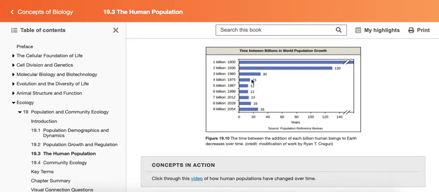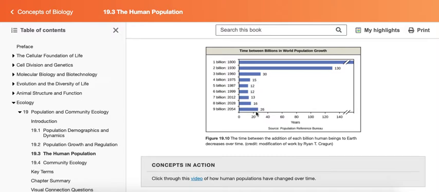Then 15 years to gain the next billion, and then 12. But then we started to slow our curve a little bit, where it started taking 13 years and 16 years, and they predict in the future about 26 years before we get another billion.